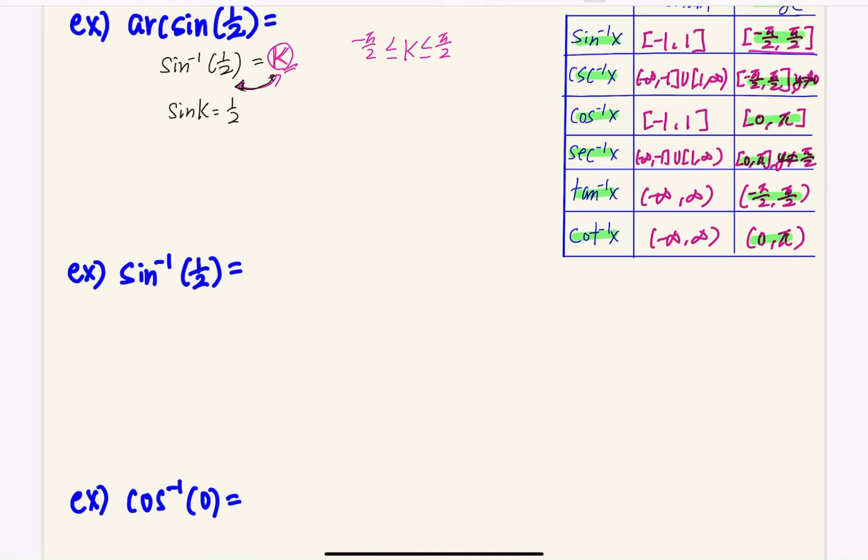So k is an angle which should be between negative pi over 2 and pi over 2. So we can use either Q1 or Q4. Do not use Q2 or Q3.